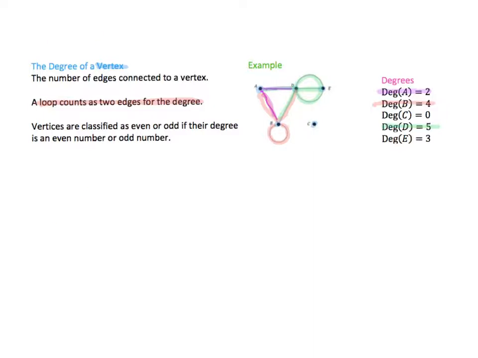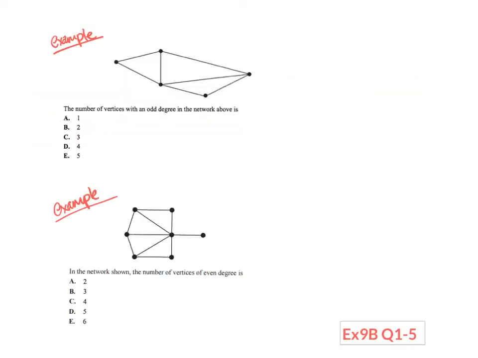These last examples came from a VCE exam. They're very early on questions, pretty easy, but just to show you how they'll ask. The number of vertices with odd degrees in this network. First here's all the vertices, and we're going to have to work out the degrees. I'm going to write the degrees in red here. This one's 1, 2, so a degree of 2.